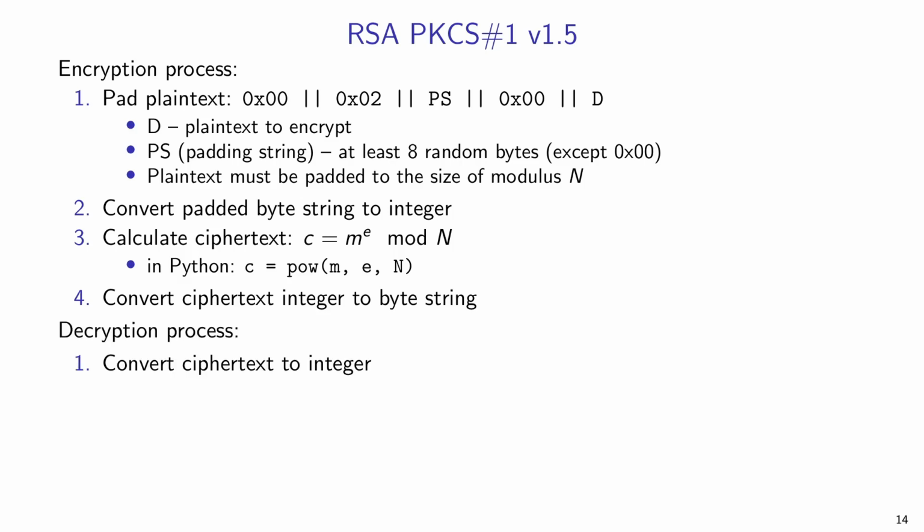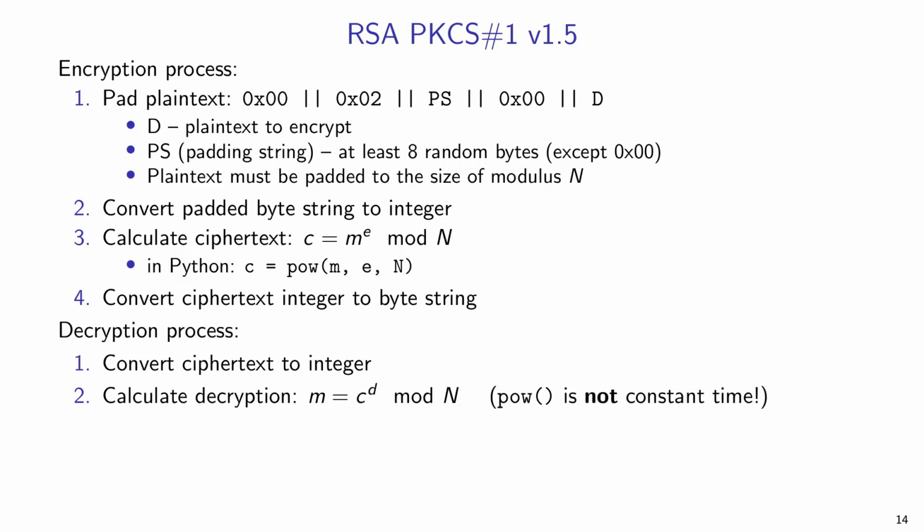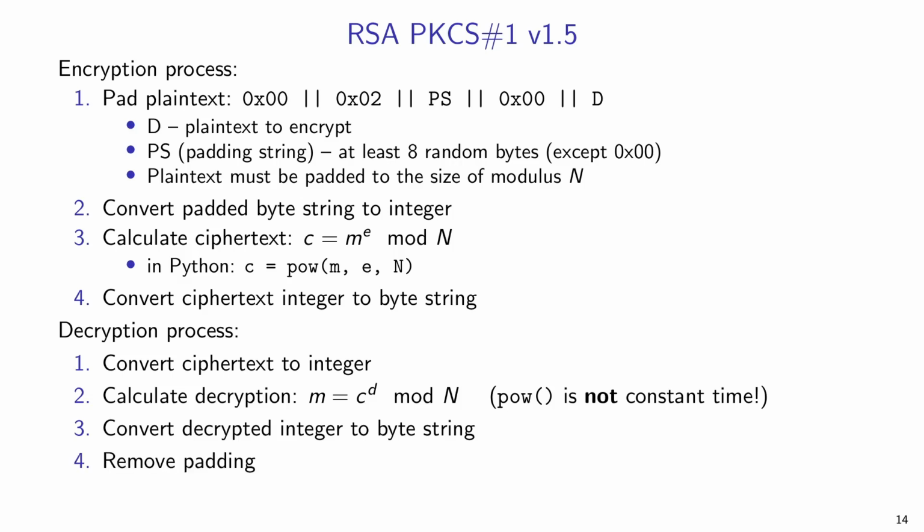Decryption process: convert the ciphertext to an integer, calculate the decryption using the same pow function but using the private exponent. The warning here is that Python's pow implementation is not constant time, so information about the private exponent will leak through timing. So think carefully whether to use this code in production systems. Then we convert the decrypted integer to a byte string and remove padding.